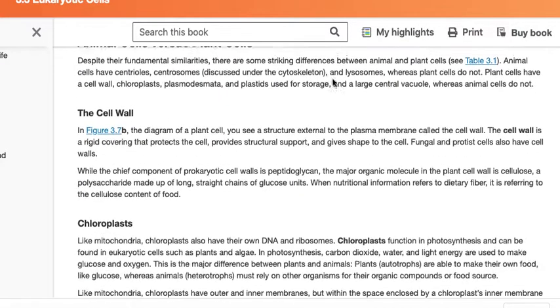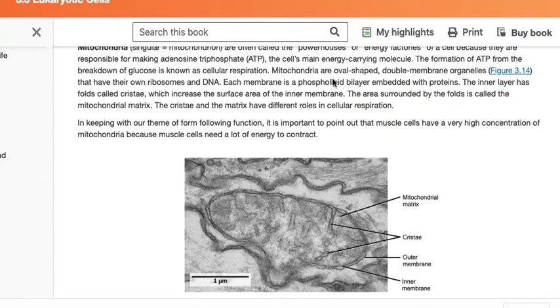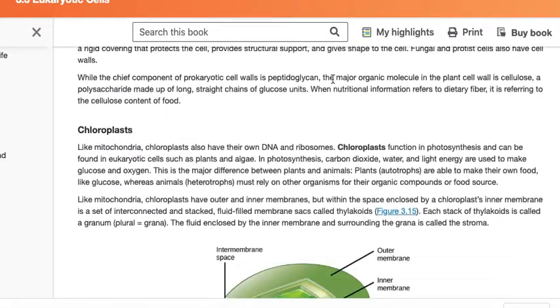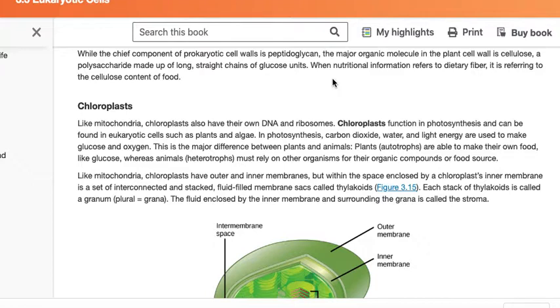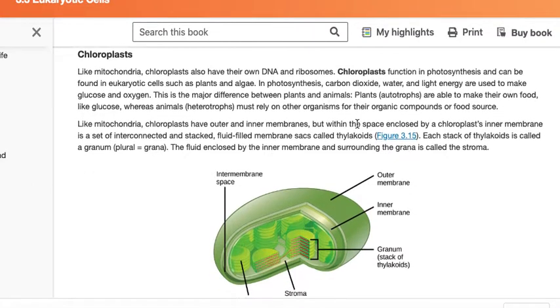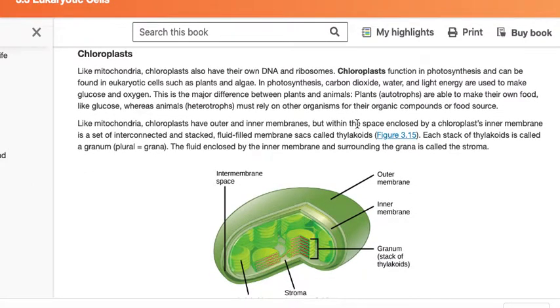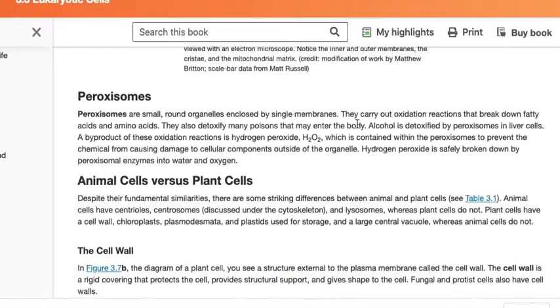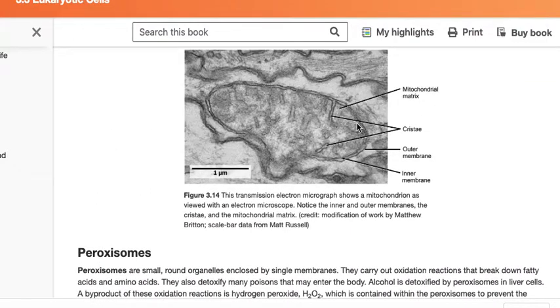Whether that gets shown to be true more in the future or not, I'm not really sure. But anyways, it's an interesting endosymbiotic theory. So chloroplasts, they make energy for plants and algae, just like the mitochondria do for animals.